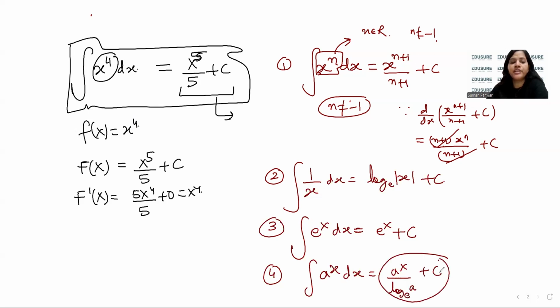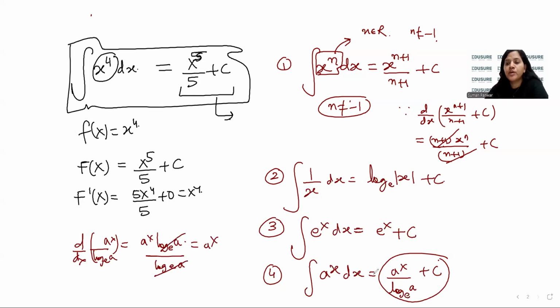Because when we differentiate a power x, we get a power x log a. So I have a constant here, so this is going to cancel the constant in the numerator. So we'll get back the function. So these are a few important indefinite integrals which are of importance in economics.